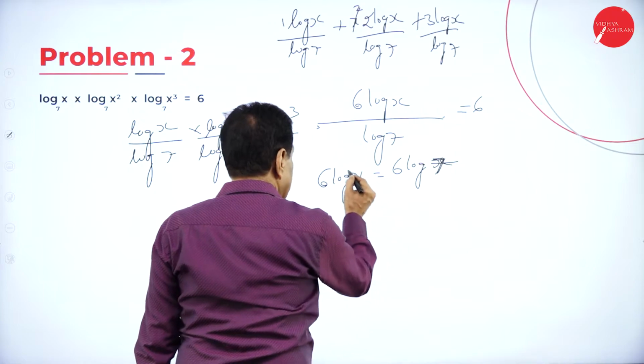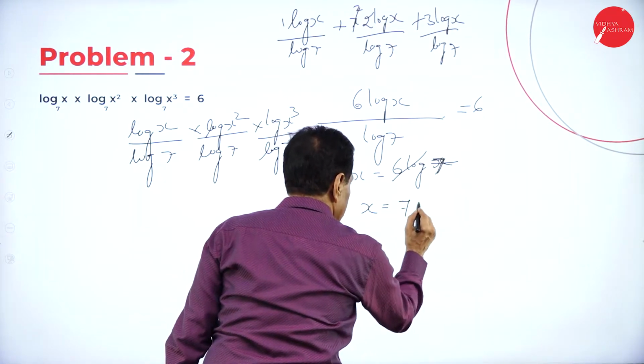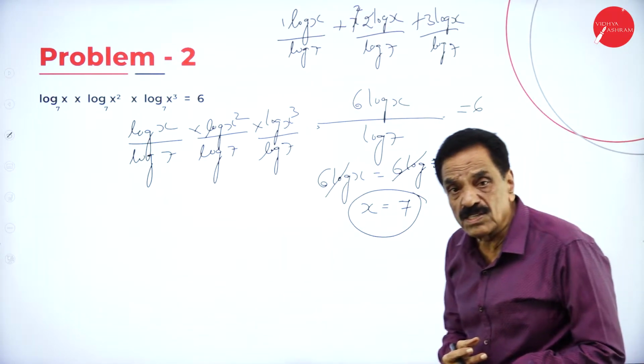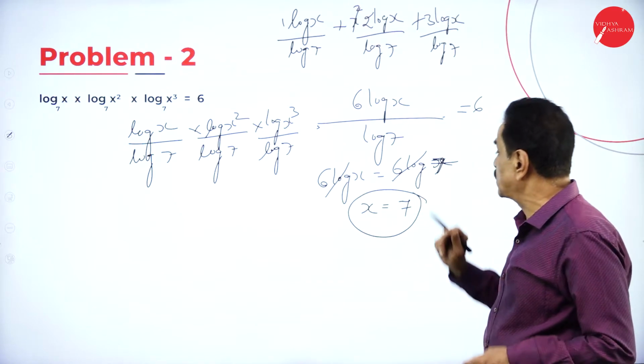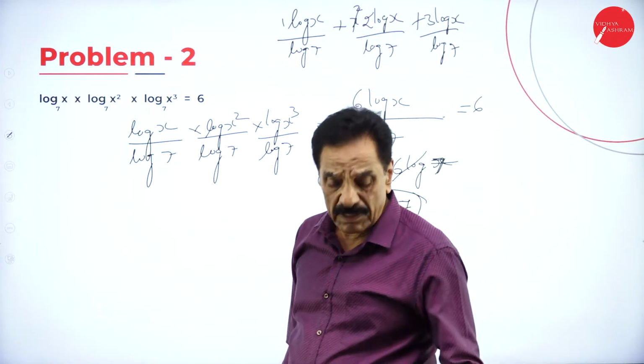You cancel the 6 log, x is equal to 7. What is the x value? x is equal to 7.